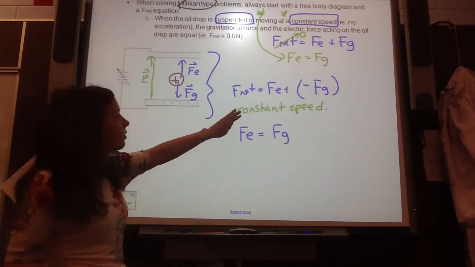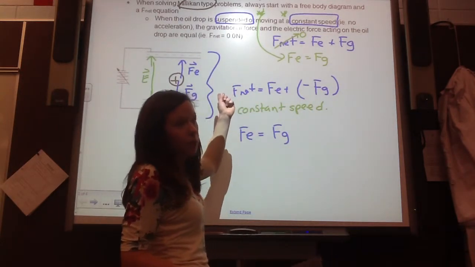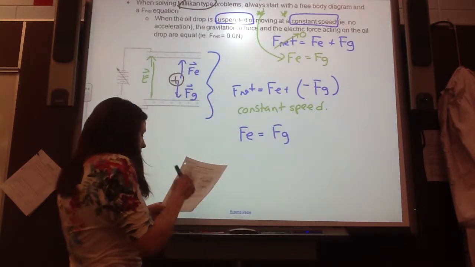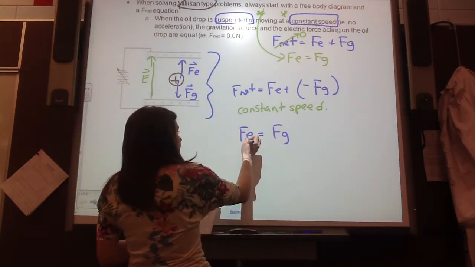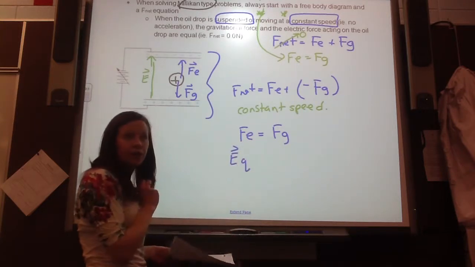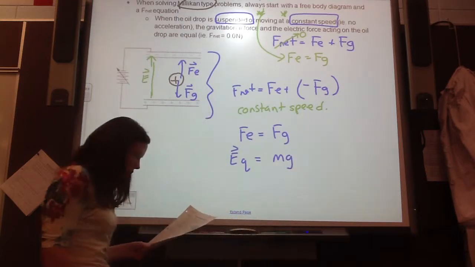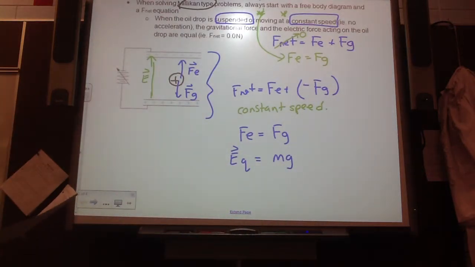If I take the negative Fg to the other side, it becomes positive too. So now, Fe is equal to your electrical field strength times Q, and Fg is equal to m times g.